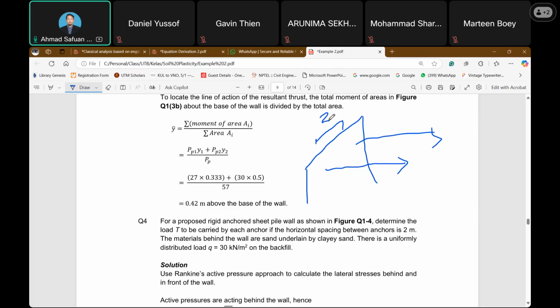Let's say if the spacing is 1 meter, then for every 1 meter we divide by one, which means it represents per meter run. How about if the spacing is 0.5?